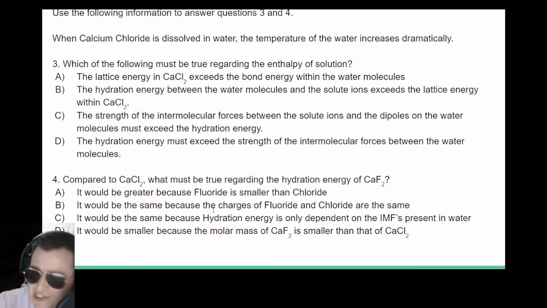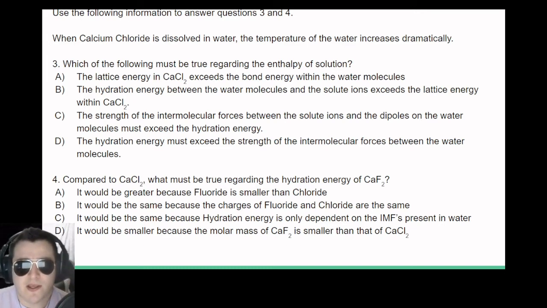The second half of the sentence is true. The charges of fluorine and chlorine are the same. That's accurate. But it is not considering the other variable. It would be the same because hydration energy is only dependent on the IMFs present in water. I feel like this answer choice is not picked by a large percentage of test takers.